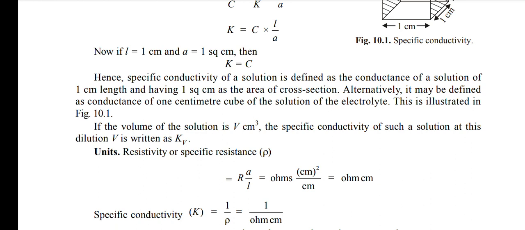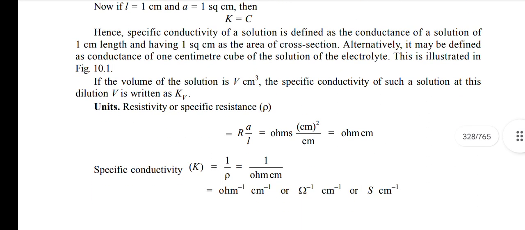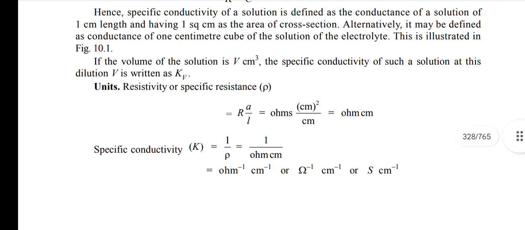Alternatively, it may be defined as the conductance of a centimeter cube of the solution of the electrolyte. This is illustrated in the figure. If the volume of the solution is V centimeter cube, the specific conductivity of such a solution at this dilution V is written as Kv.